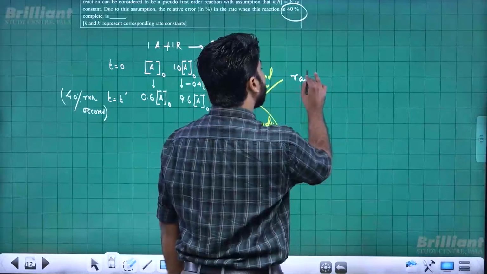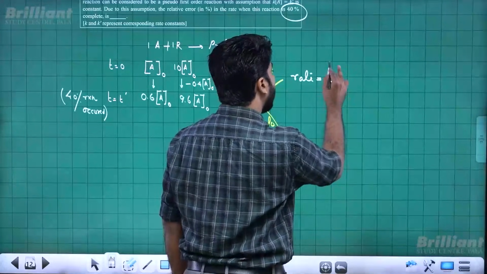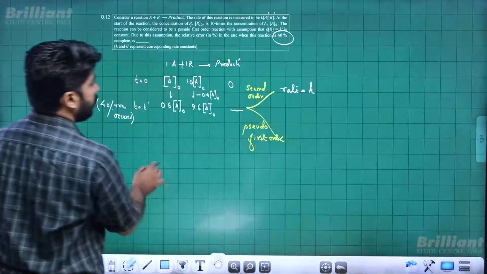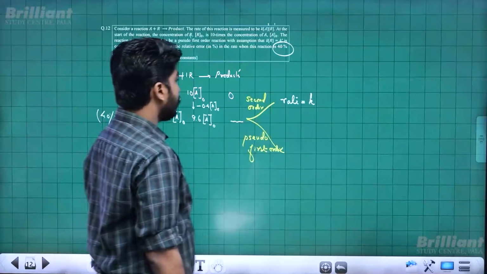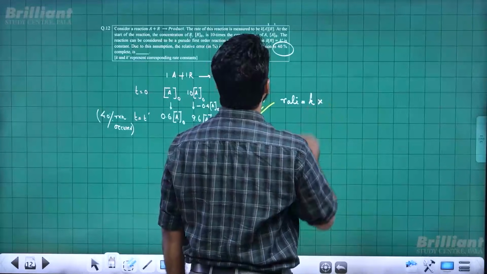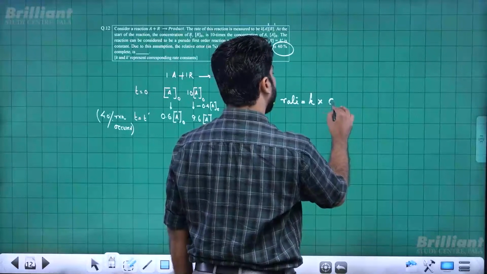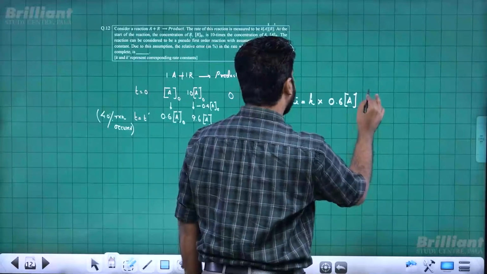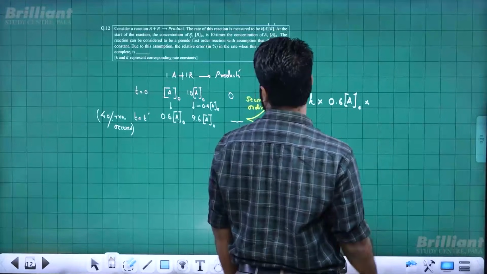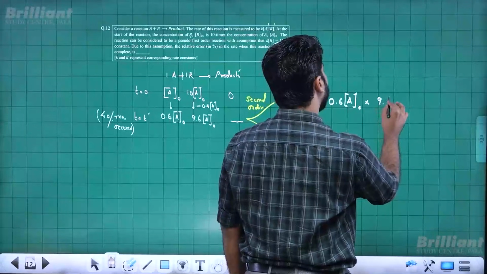So in the first case, rate is equal to K into the concentration of A, which is 0.6 A0, times the concentration of R, which is 9.6 A0.